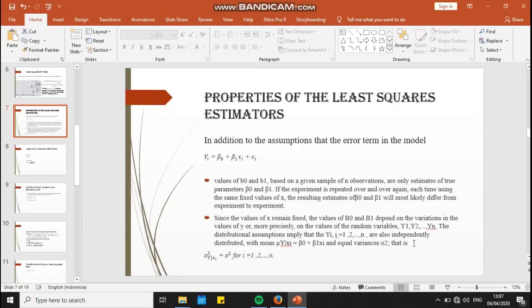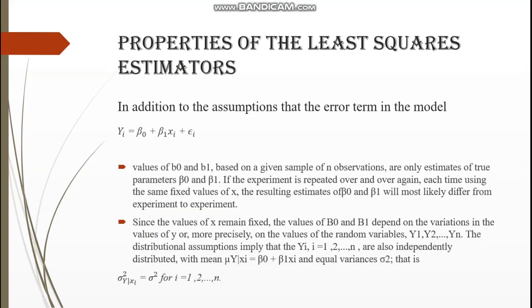Okay, the next slide is properties of the least squares estimators. This is the model assumption that the error term, where yi equals beta 0 plus beta 1 times xi plus ei, is a random variable with mean 0 and constant variance sigma squared.